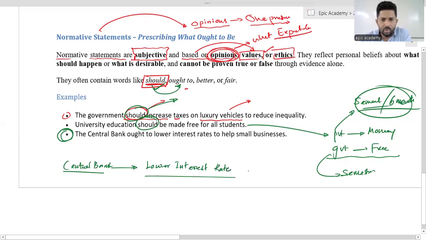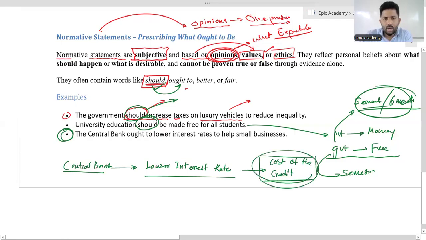So what will happen to the cost of credit? The cost or pressure of credit can reduce. Definitely they can take borrowing to develop the small businesses in the country.